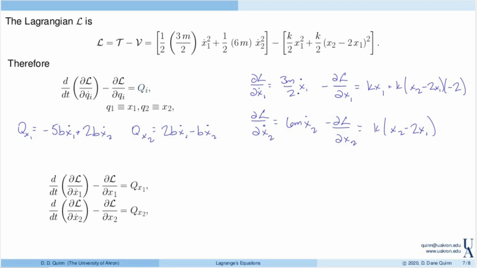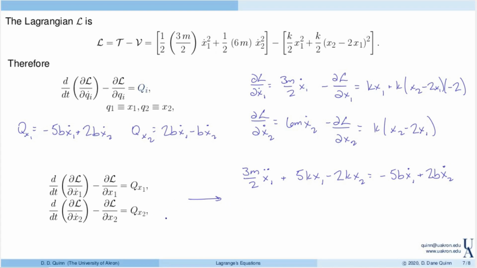Remember, we take the total derivative of this, so let's do x1 first. We'll take the total derivative of this term, so that gives me 3m over 2 times x1 double dot. Now this term, and I'll go ahead and combine these x1 pieces, so I have 5k x1 minus 2k x2 equals qx1, so that's minus 5b x1 dot plus 2b x2 dot.